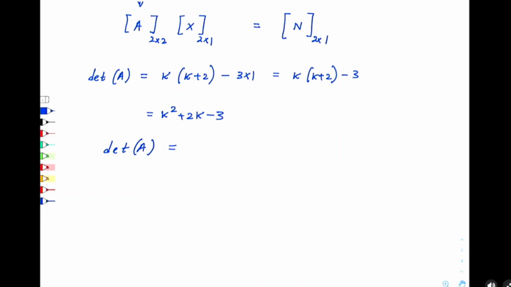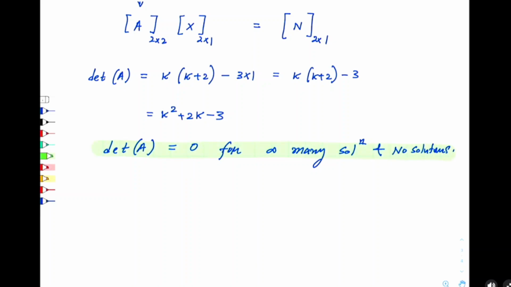Determinant of A is equal to 0 for infinitely many solutions and no solutions. This is what we understand from the matrix part.